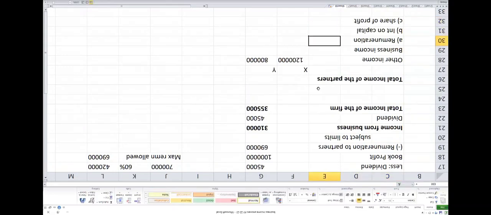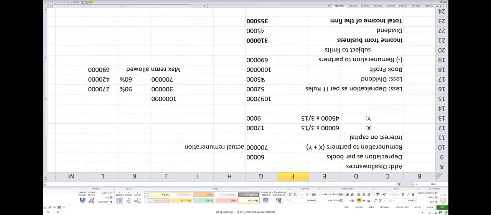How is this treated in the hands of the partners? The remuneration actually drawn is 7 lakhs.